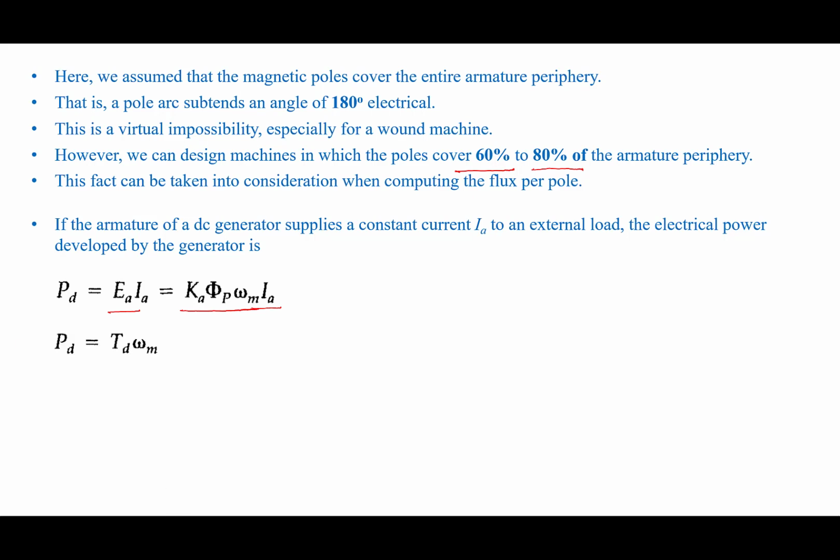So I can write this developed power in terms of torque developed. What is this developed torque in the case of a generator?